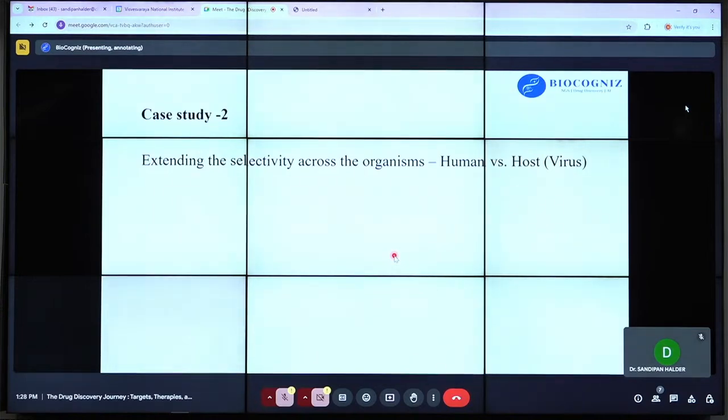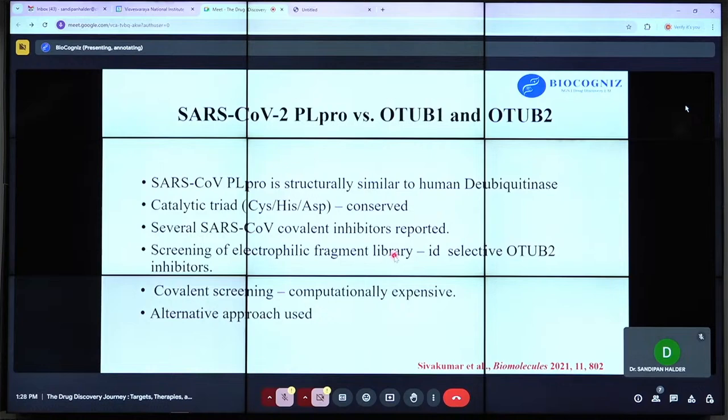I hope that's fine. Now we extend this to the host, right? So far, what we have seen is only with the human. For example, if you are targeting the host protein, the host is maybe human here, and the antigen is from the virus. When the COVID outbreak started, we extended this.